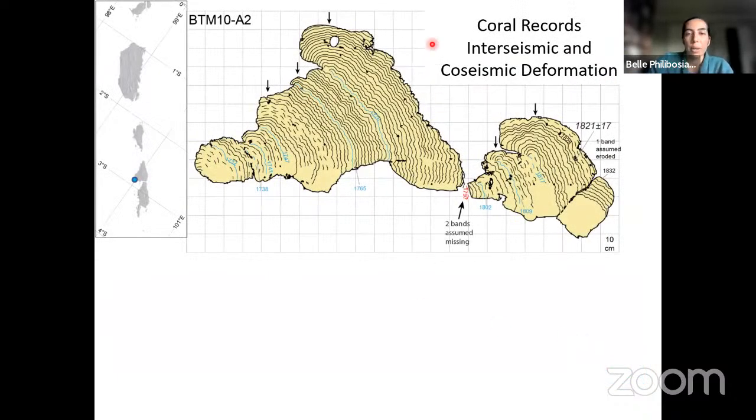So just to give an example of one of these interpretations, this is a coral from North Pagai Island. During the early part of its life, it was going up and up and up and up. And then in approximately 1797, almost all of the coral died, only a small part remained alive because it had been uplifted in an earthquake. And after that, it grew up and up and up again, and then was uplifted again and totally died in 1833.